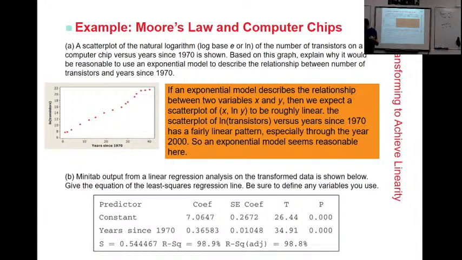So the way that this equation is going to get written is, since I use natural log, we're going to put natural log of y hat, the transistors, equals, here's the y-intercept, plus, here's the slope, times x, which is years since 1970.